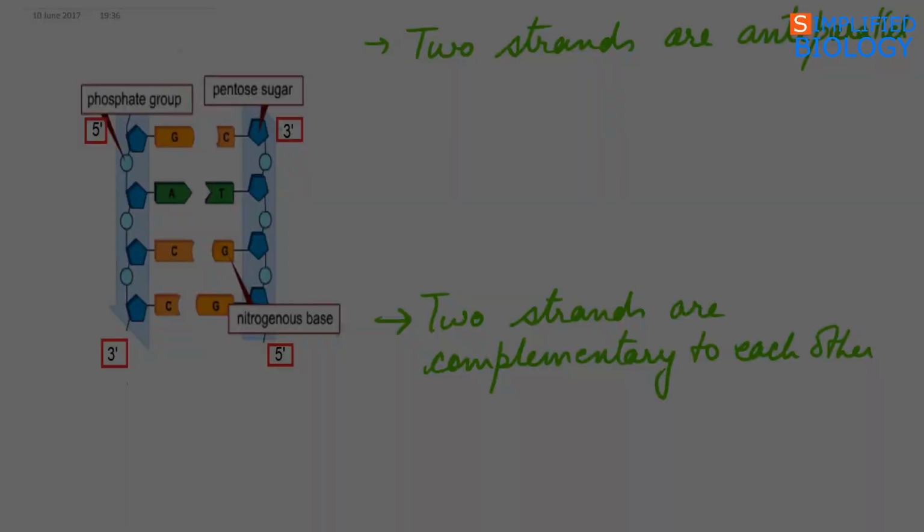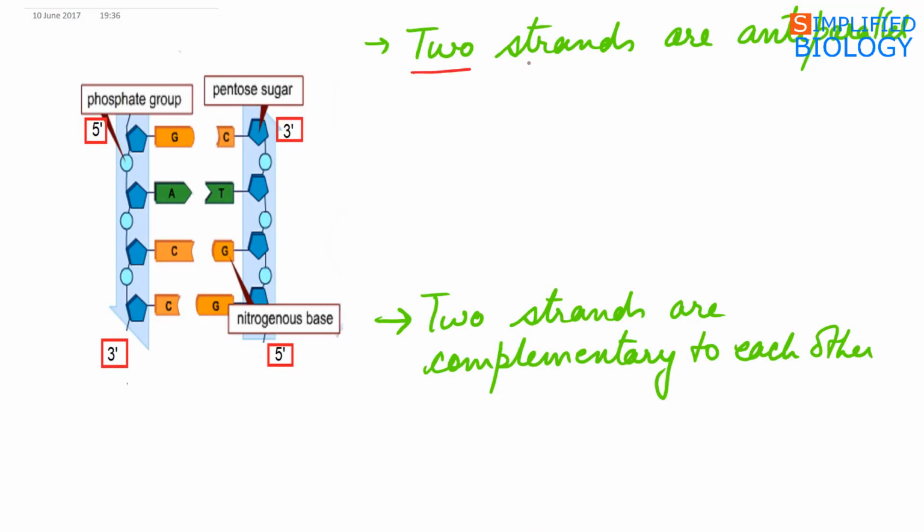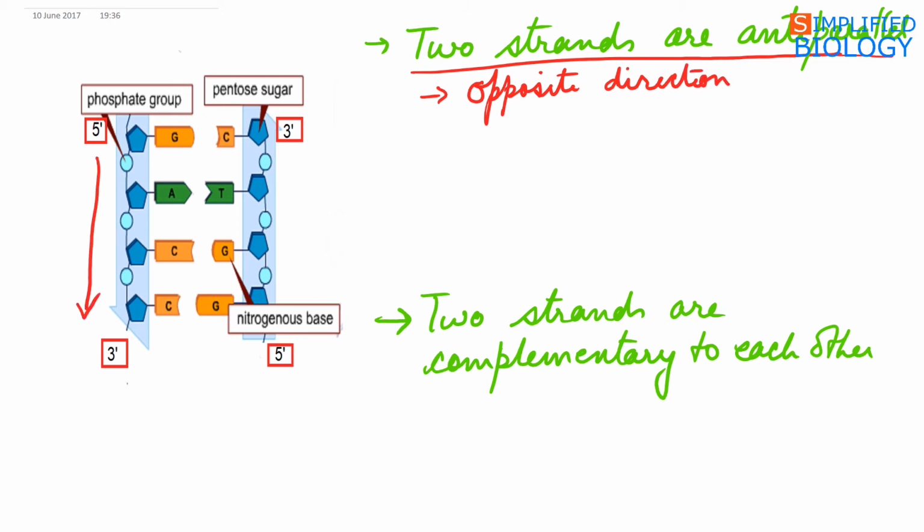Now, the two strands in the DNA molecule are antiparallel, means they run in opposite direction. If one is the 5' 3' strand, the other one is the 3' 5' strand. This is in relation to the position of sugar in the two strands.